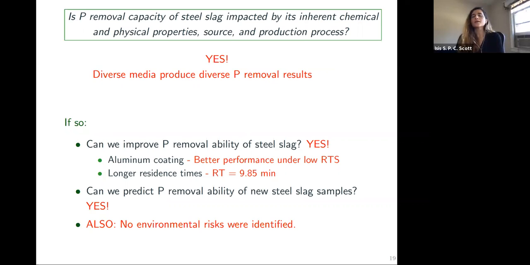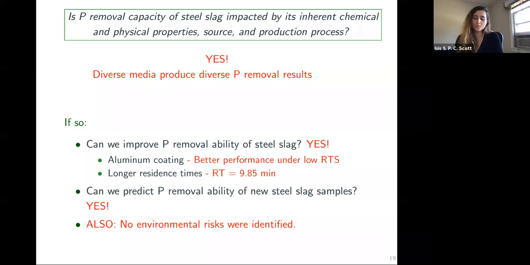That's interesting. Actually, we have software that was developed called P-TRAP, T-R-A-P. It was developed by the USDA National Soil Erosion Research Laboratory.